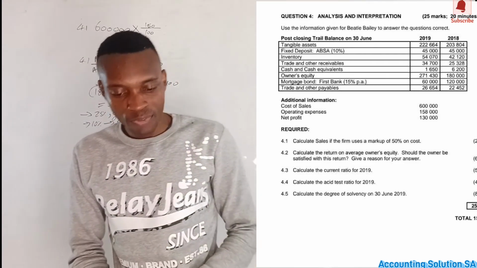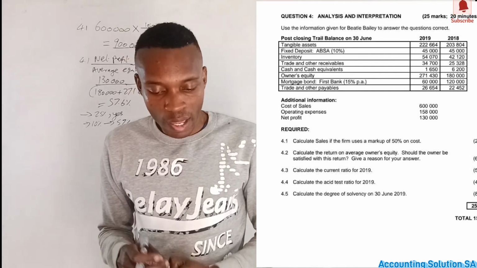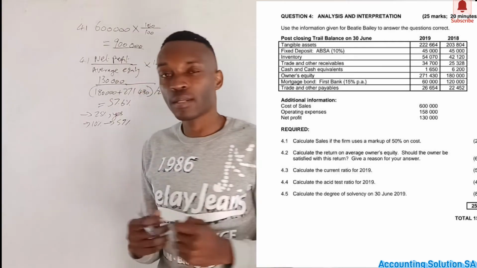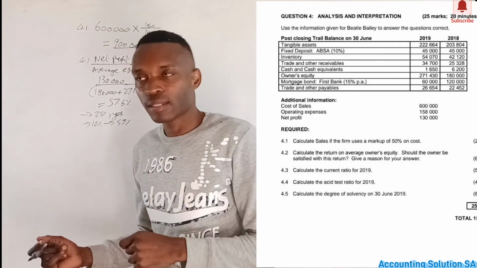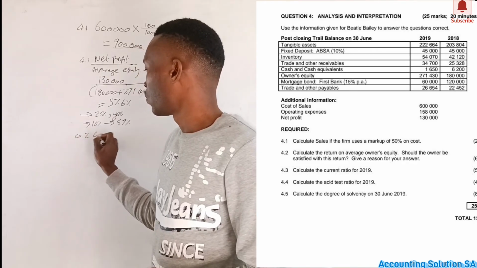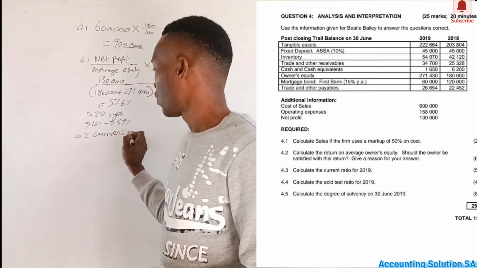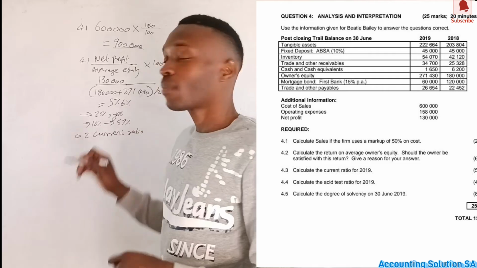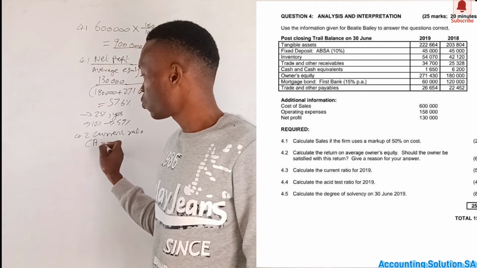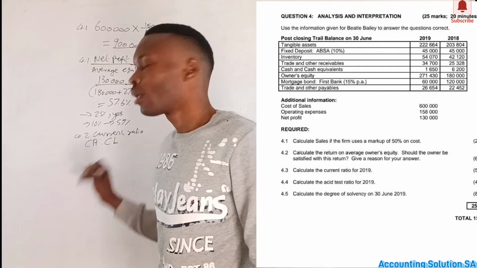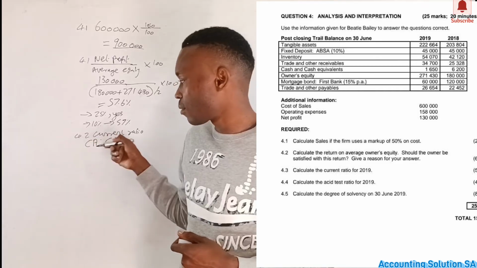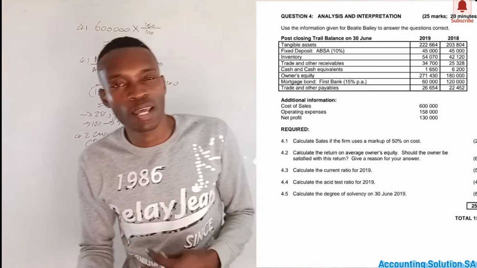Then 4.3, calculate the current ratio for 2019. How do we calculate the current ratio? Very simple. The formula that we are going to use is current assets to current liabilities. It simply means that we must look for current assets, then we divide by current liabilities.